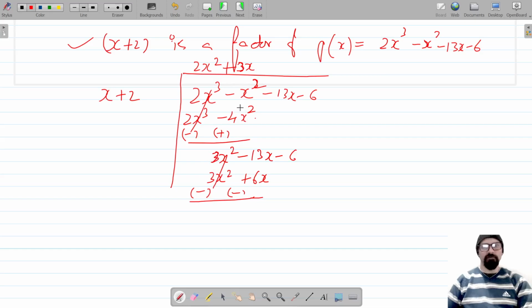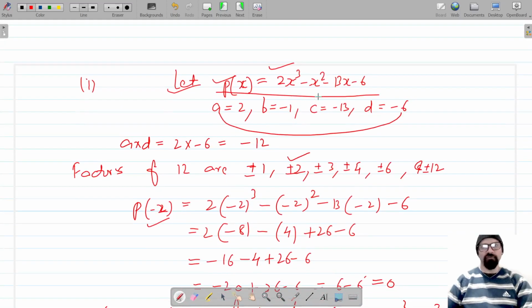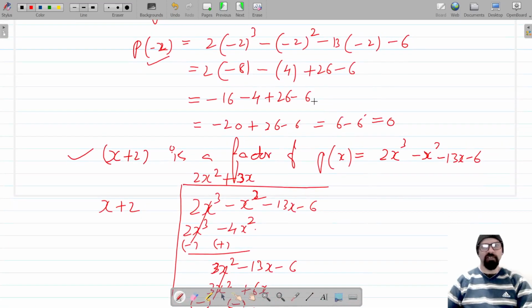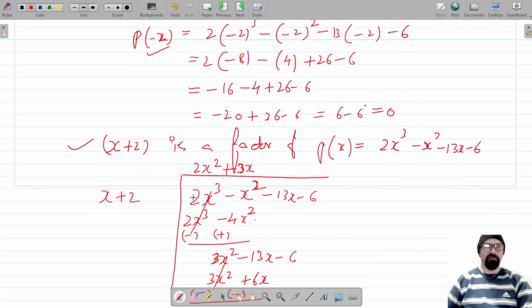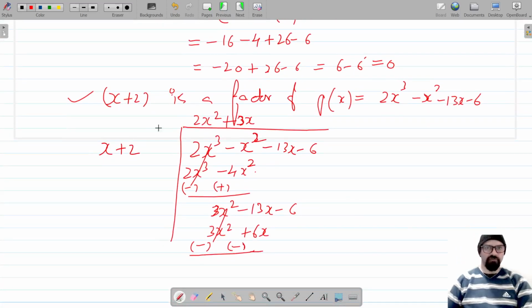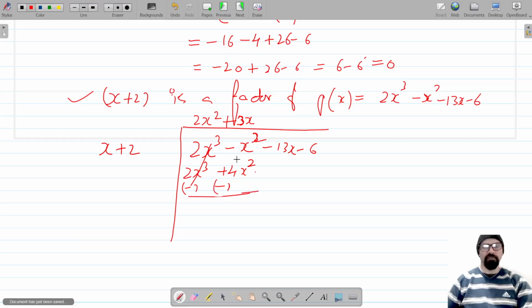Our polynomial was 2x cubed minus x squared minus 13x minus 6. We multiplied x plus 2 with 2x squared, which gives me 2x cubed plus 4x squared. Subtracting, this becomes negative 5x squared minus 13x minus 6.